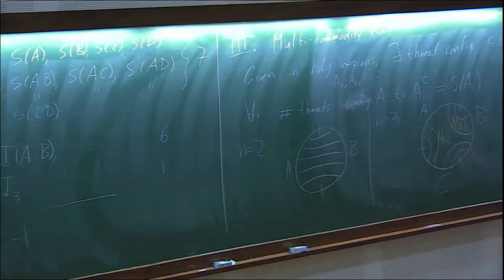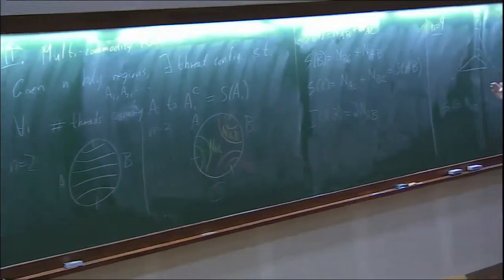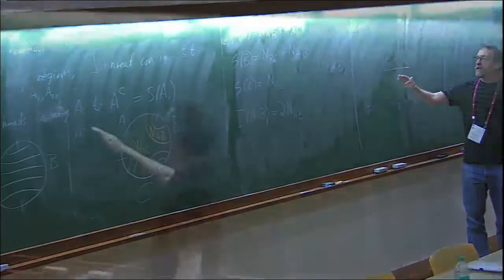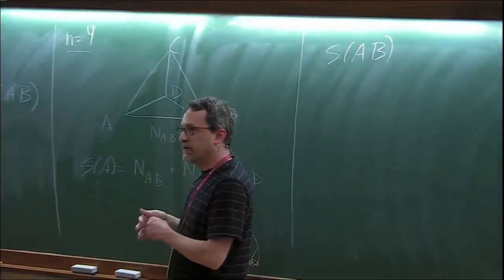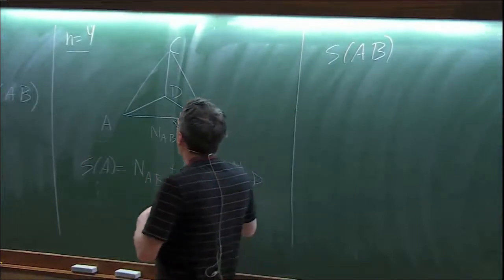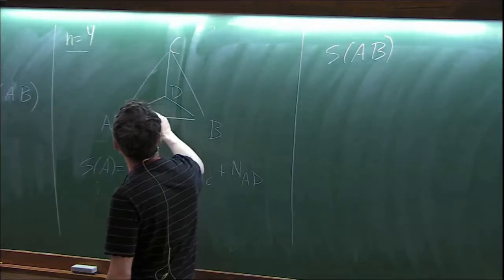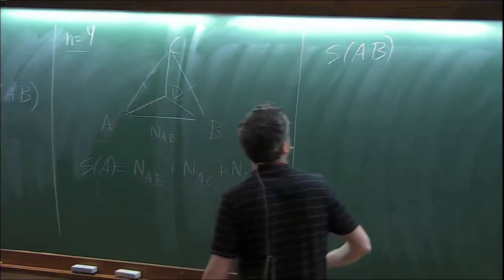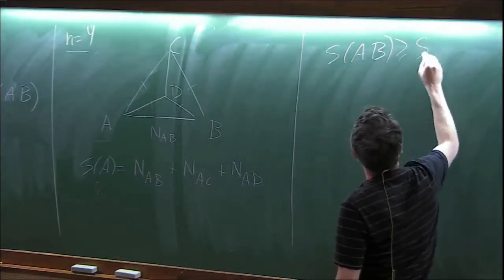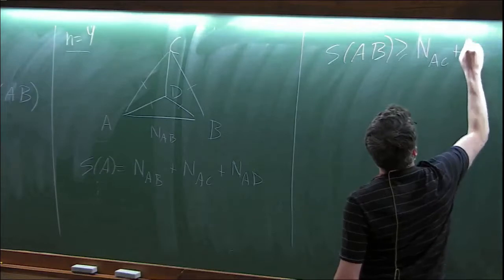It doesn't tell you what S of AB is, but it tells you S of AB has to be at least the number of threads connecting AB to CD in this thread configuration. And what is that number? Well, that's this number plus this number plus this number plus this number. So we get an inequality.